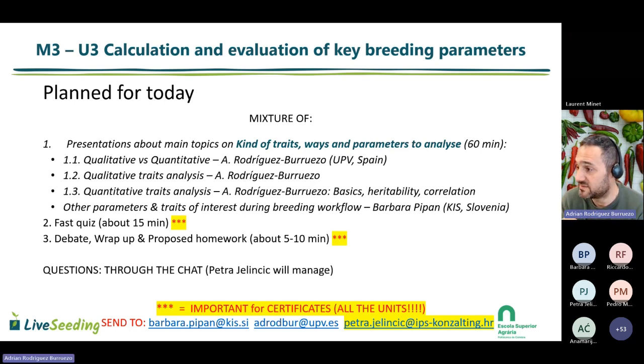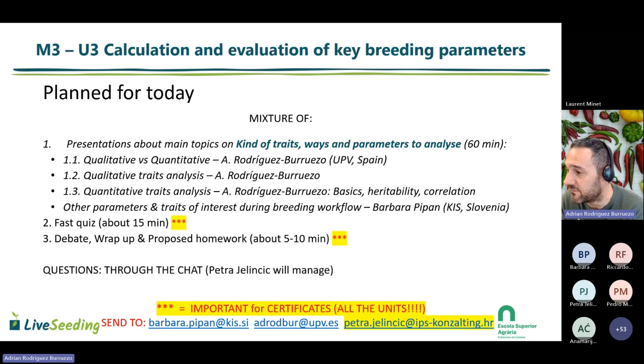We will provide a presentation of about 60 minutes about the main topics, kinds of traits, ways and parameters to analyze or estimate. I will start with a comparison between qualitative and quantitative traits, a short view about the analysis of qualitative traits and quantitative traits.